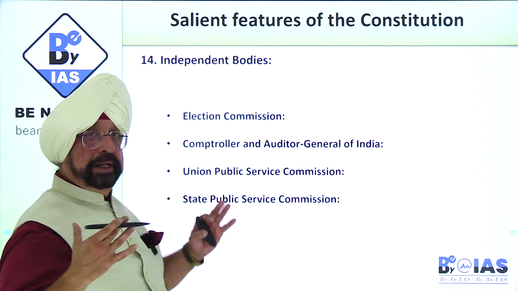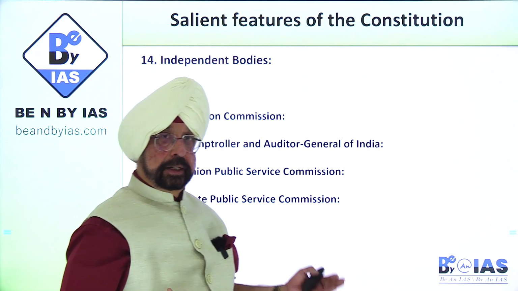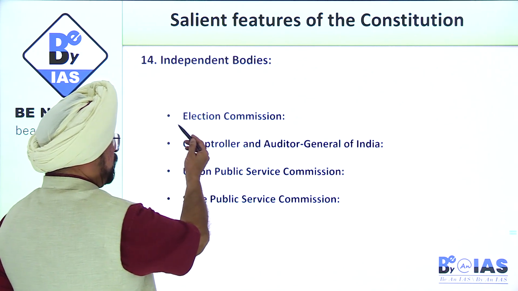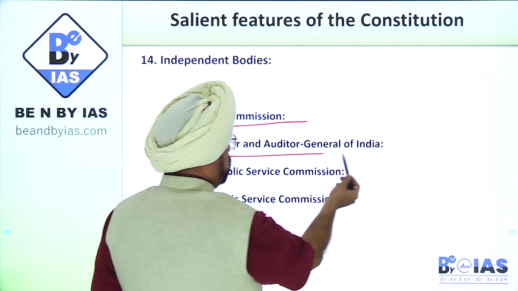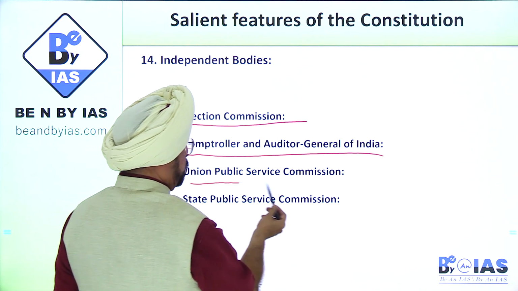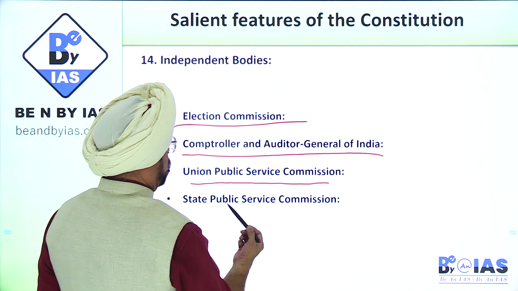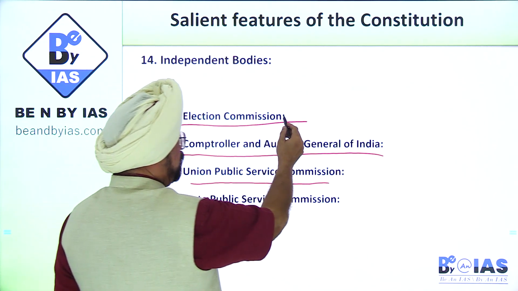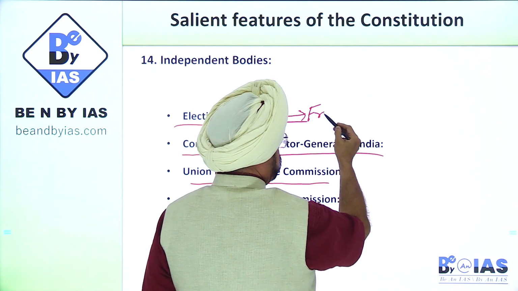Now, there are certain independent constitutional bodies which are created by the Constitution. One is the Election Commission of India, Comptroller and Auditor General of India, Union Public Service Commission, State Public Service Commissions. Now, the Election Commission's duty is to have free and fair elections.